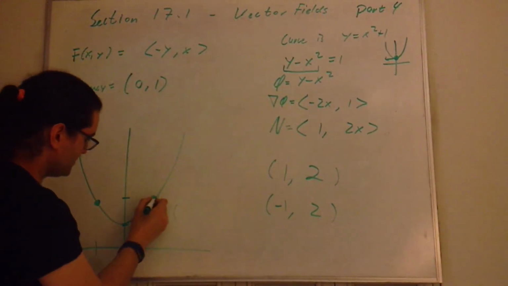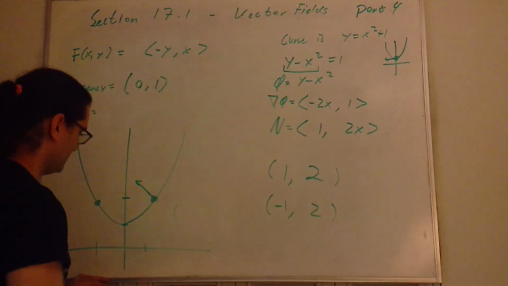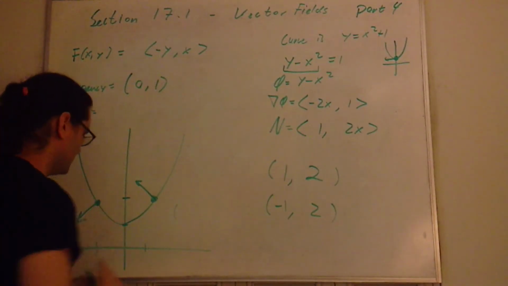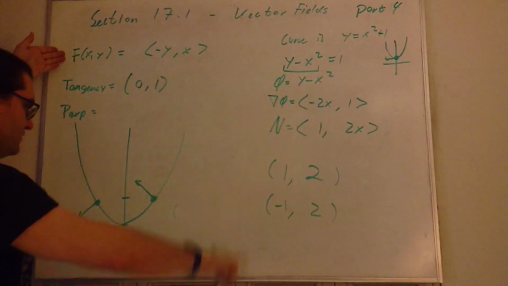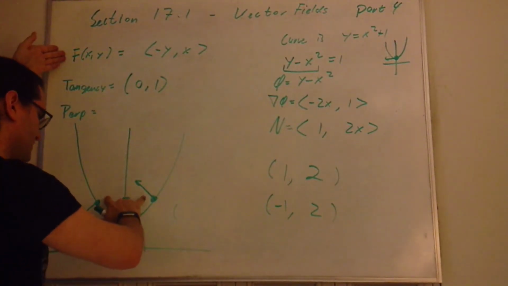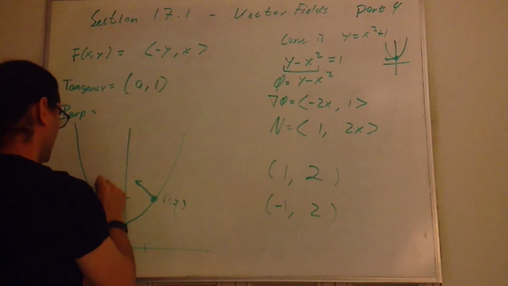The toilet flush here should be going this way. Toilet flush here should be going this way. So I'm prepared to believe that this vector field, the toilet flush vector field, is in fact perpendicular to this parabola at these 2 points, 1, 2 and negative 1, 2.